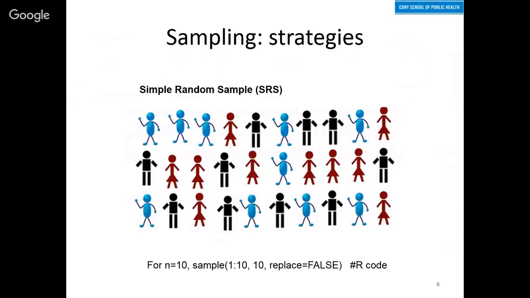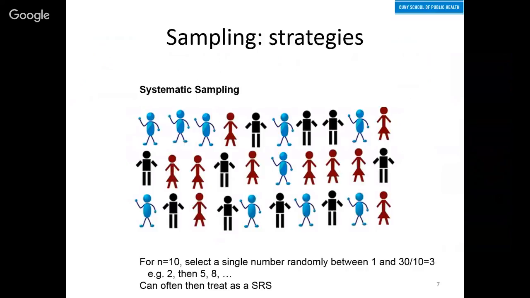There are good reasons to use other strategies, but this is your basic strategy where everyone in the population has an equal probability of being sampled, and it is random. So if there are 1,000 people in the population and you're selecting 10 people, then every individual has a 1% chance of being selected. It's the same for everyone. That's all there is to it. That's a simple random sample.